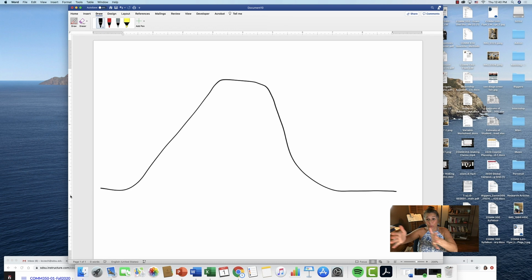Let's say this could be negative over here, but I'm going to make this 0 over here and this 100 over here, so I can talk about our test. Where was the average score on our test? I'm going to say about here.